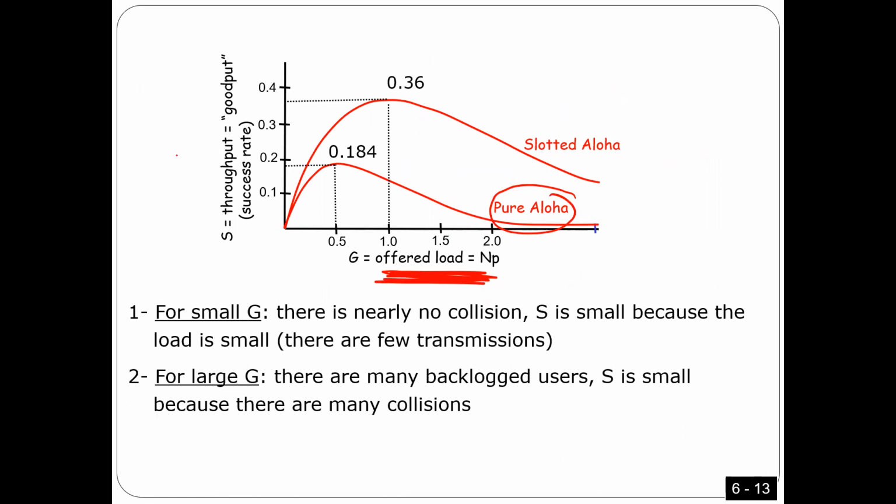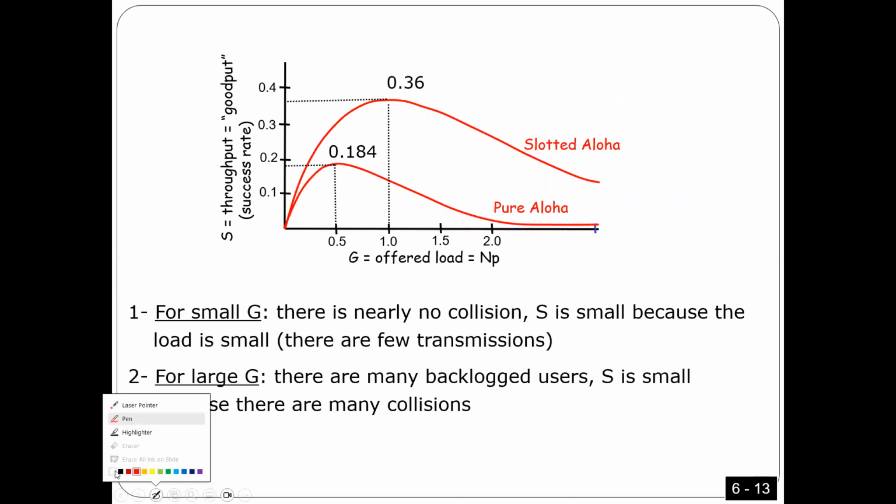G is the load, and this is S. In the very beginning, as we increase the transmission, the throughput is increasing, because you are using the channel, so the utilization is increasing. However, at a certain point, it goes back down until it reaches zero.